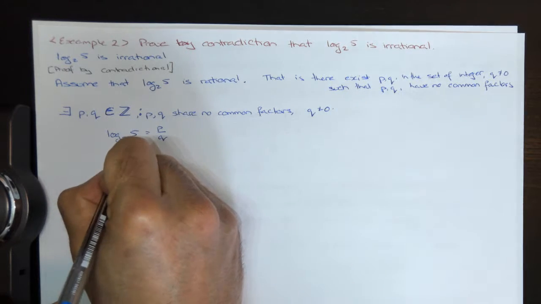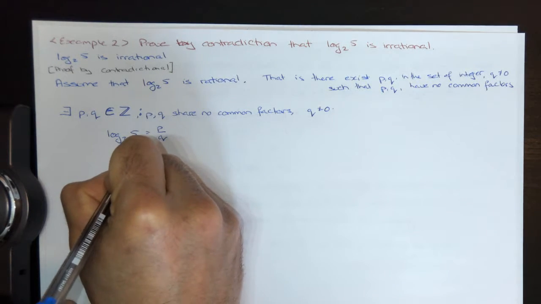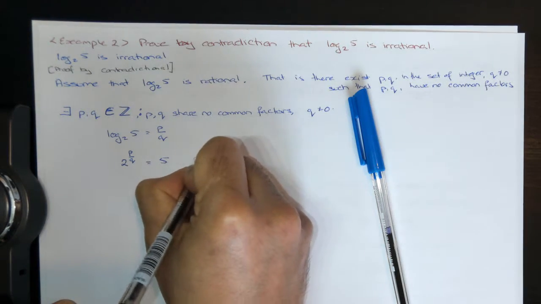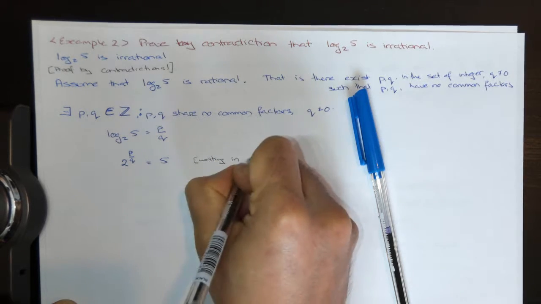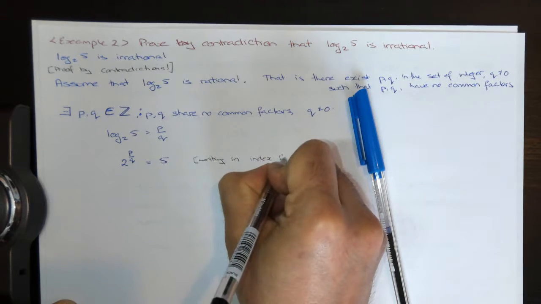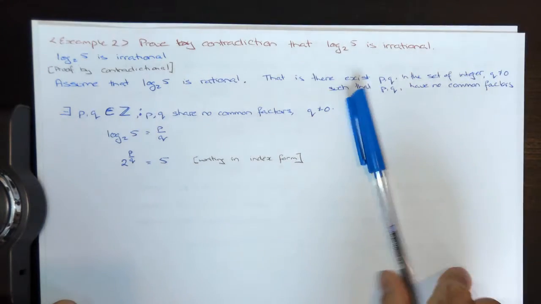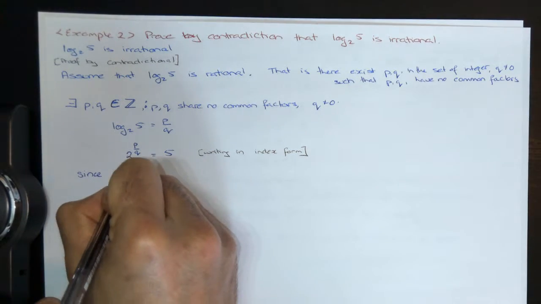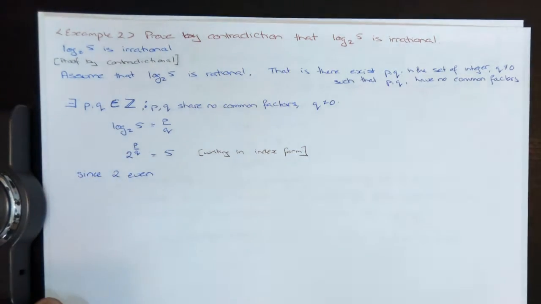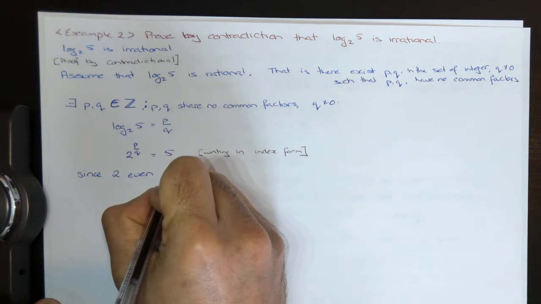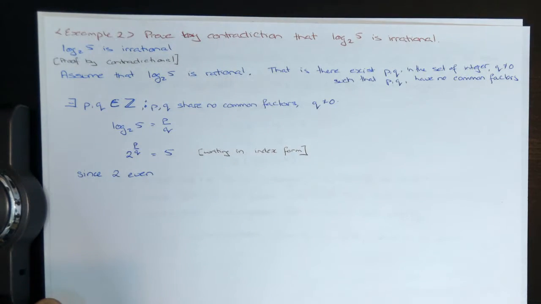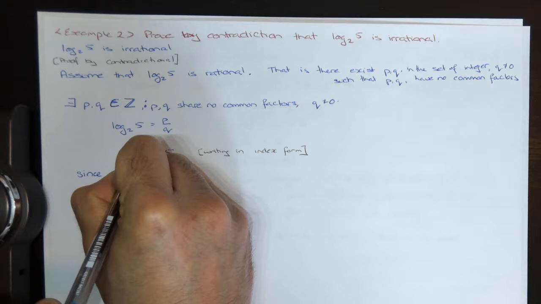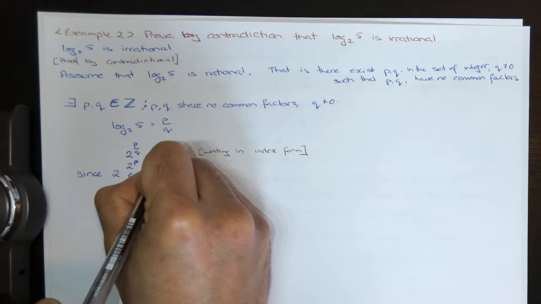So we can write 2 to the power of P over Q is equal to 5. Sorry, before I do this, I'm going to multiply both sides by Q. I'm going to get 2 to the power of P equals 5 to the power of Q.